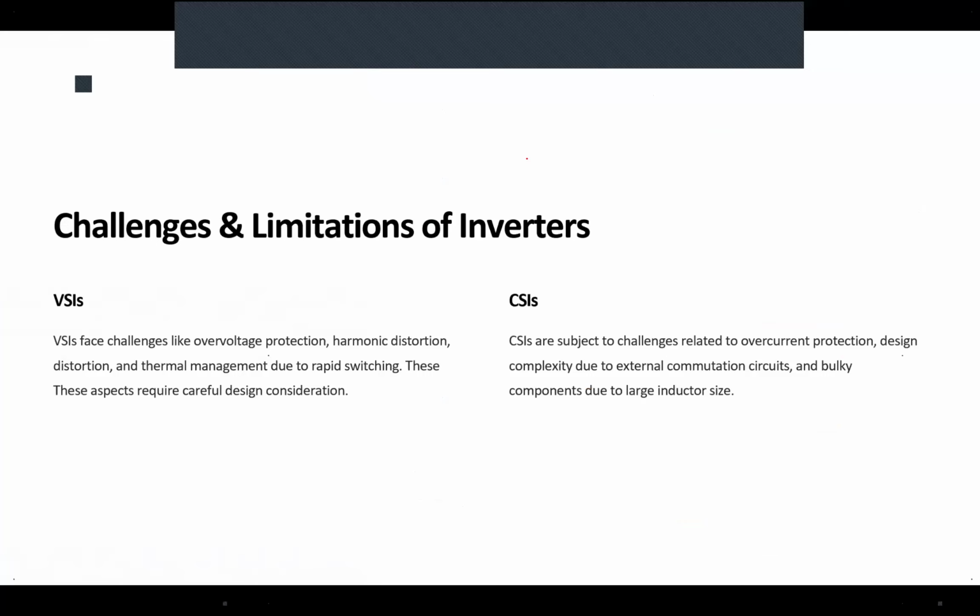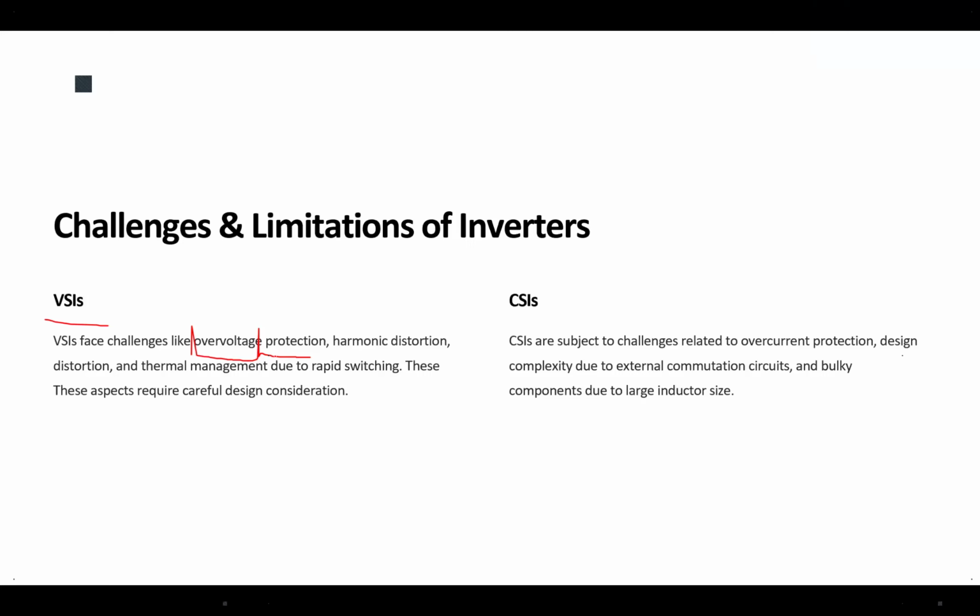What are the challenges and limitations of those inverters? Okay. When you want to work with a VSI, the challenge that you would face is over voltage. So you need over voltage protection. Why is over voltage protection a challenge? We already discussed that in dynamic response. Because VSI cannot handle the inductive load well, and in a power system you normally have inductive load, you need to deal with those voltage spikes caused by that L di/dt.